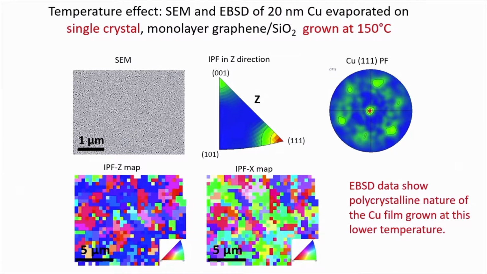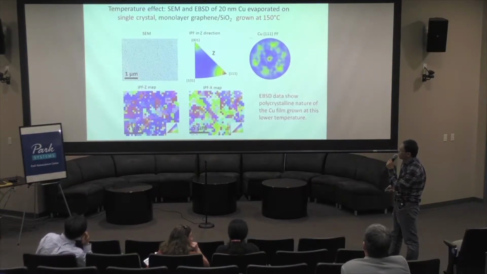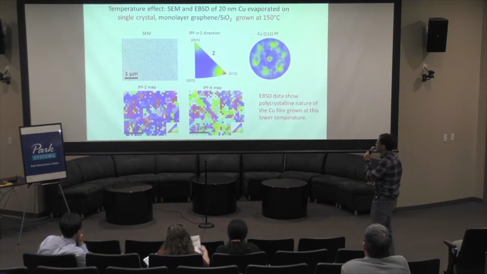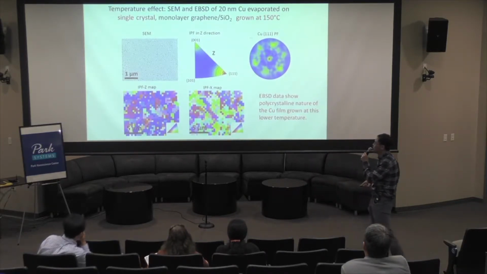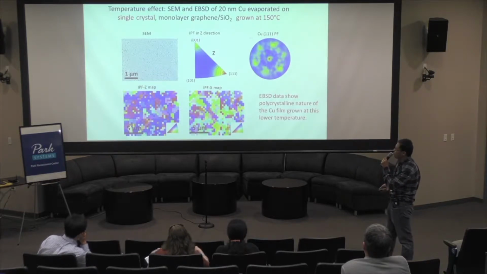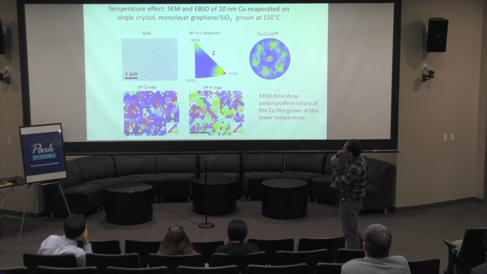At the bottom are the EBSD IPF maps, showing the spatial orientation dispersion, showing the locations where the orientation is aligned to specific directions. For example, the blue color is 111, the locations where out-of-plane is 111, and the red color locations are where the out-of-plane orientation is the 001 direction.